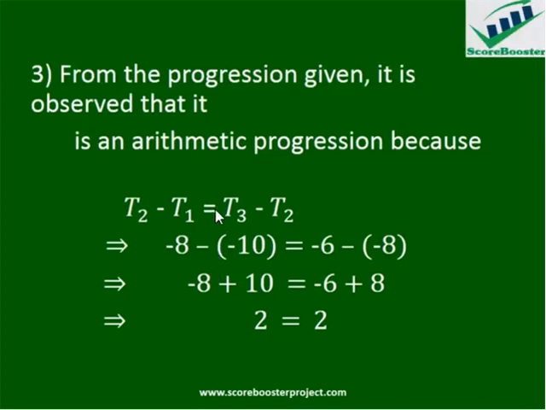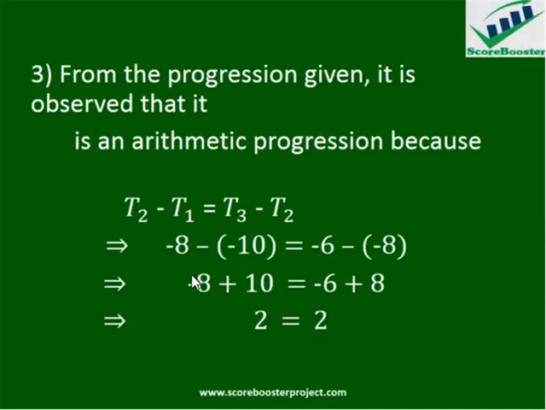From the progression given, it is observed that it is an arithmetic progression, because if we subtract the first term from the second term, it's the same thing as subtracting the second term from the third term. That is, the second term, minus 8, minus 10, which is the first term, equals the third term, minus 6, minus 8.